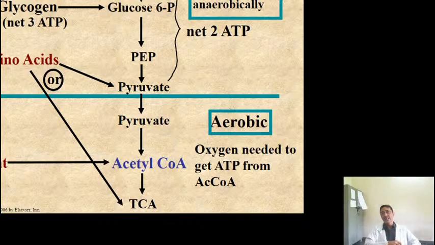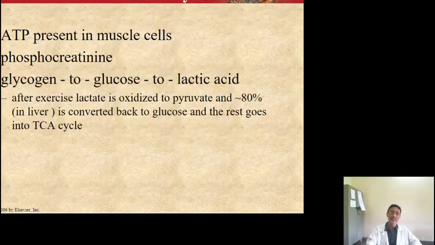The difference here is, if there is a short burst of activity, you can use carbohydrates, but only for a short duration. When the energy requirement is prolonged, the carbohydrates may not be able to sustain ATP generation, and then the amino acids and fats are taken up, in the presence of oxygen, to give energy.